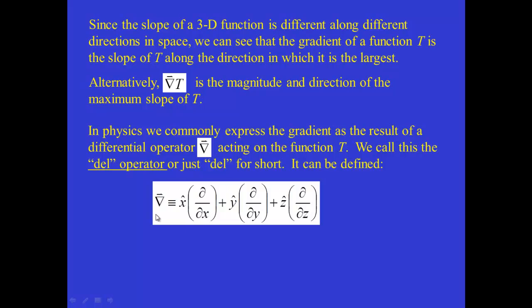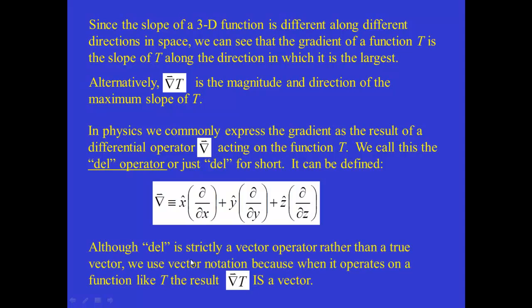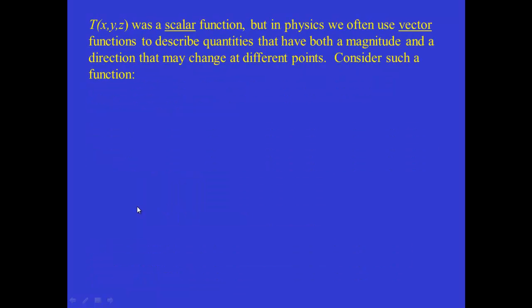Note that this by itself does not really have well-defined magnitudes unless it operates on a specific function, because then the derivatives acquire specific values and it becomes a real vector. So although del is not really a vector in the strictest sense, we still use vector notation, because when it acts on a function, it produces a vector.